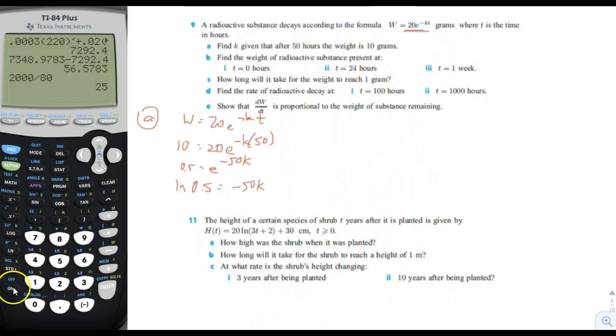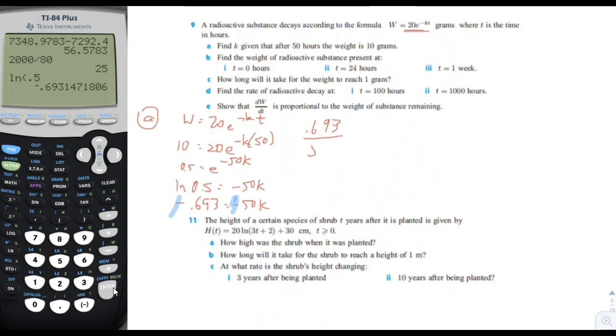Natural log of 0.5 is, I feel like we've done this very recently, natural log of 0.5 is negative 0.693 equals negative 50k. So we can get rid of both of these negative signs. And so now we have 0.693 divided by 50 equals k.